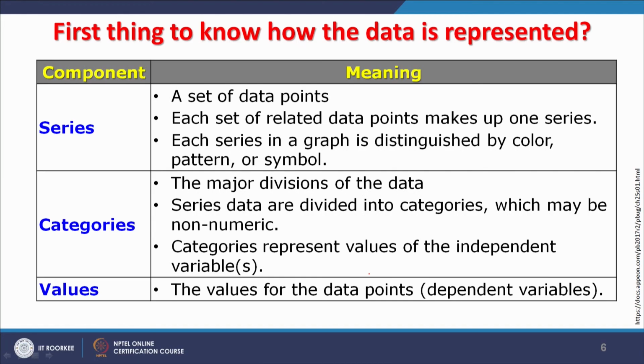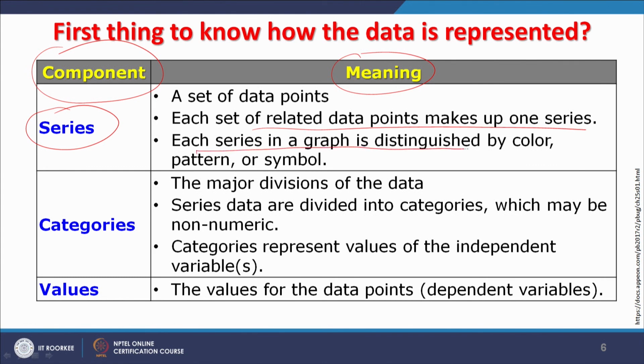Now, the first thing one should know about when data is represented, then we are having here a table which means component and then meaning. So, suppose I am having the data which is series data, maybe time series data and other data set. So, a set of data points and each set of related data points makes up one series.